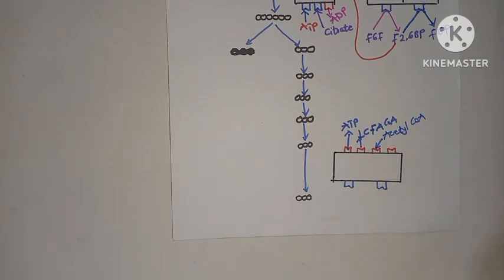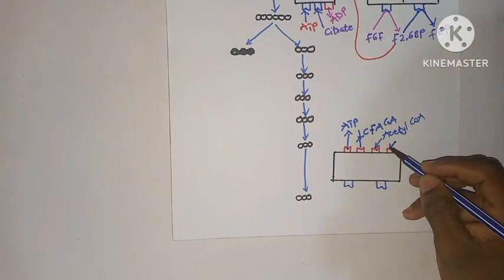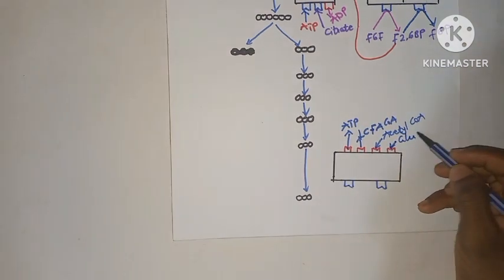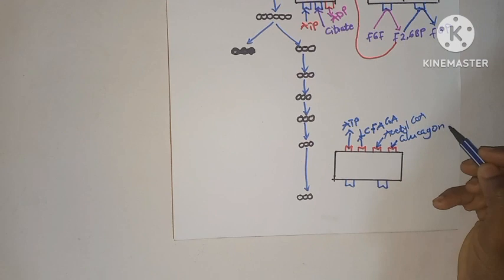And also, glucagon will phosphorylate this enzyme in order to inhibit it, to prevent it from breaking down a lot of glucose. So let me add glucagon here too.